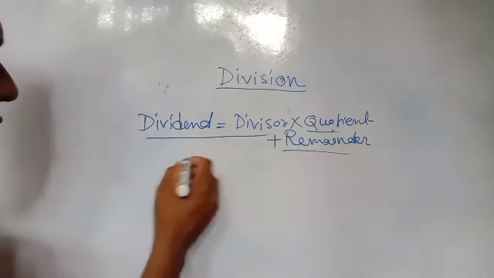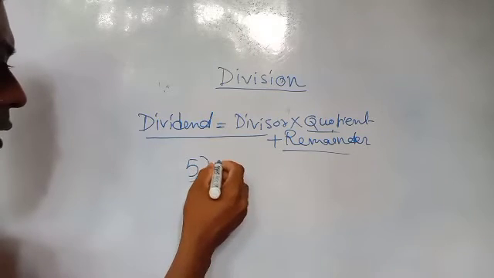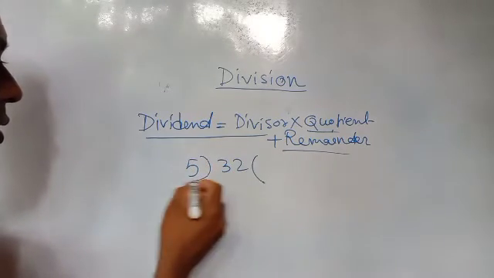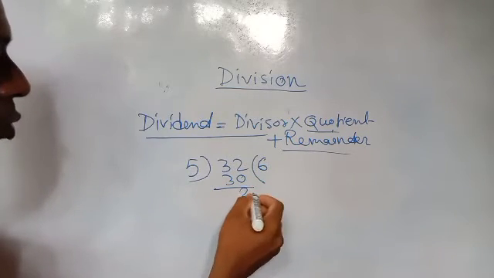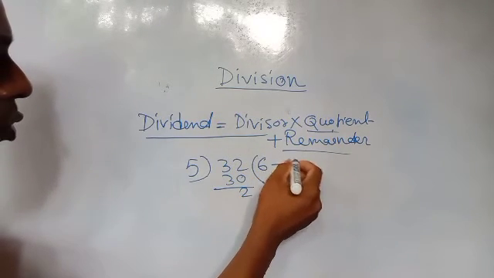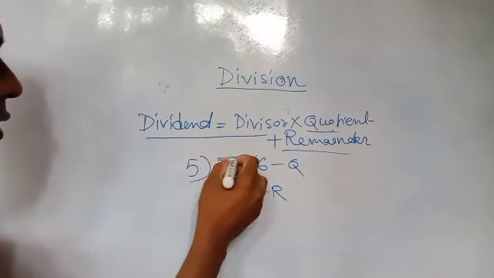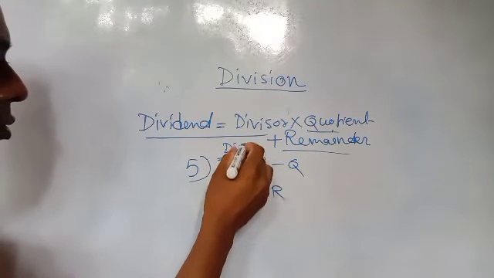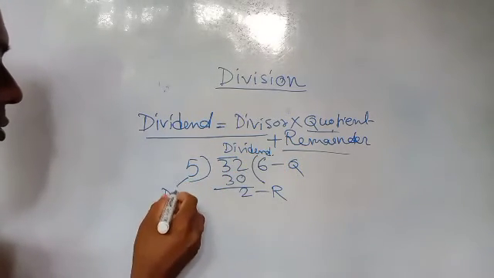Now let me give the example. Same example I am giving you. 5 into 32, 5 6s are 30, remainder 2. So this one is the quotient. This one remainder, that short form also you can write. This one dividend, and this one divisor.